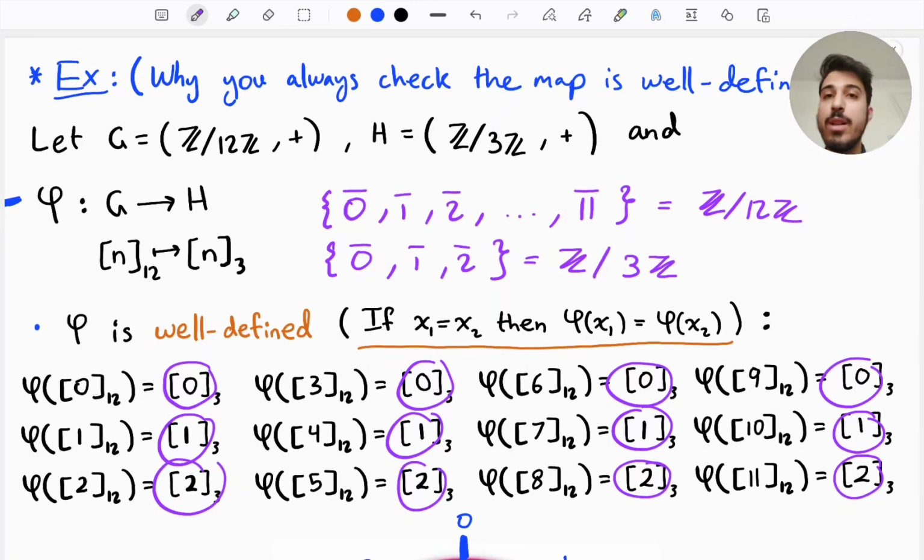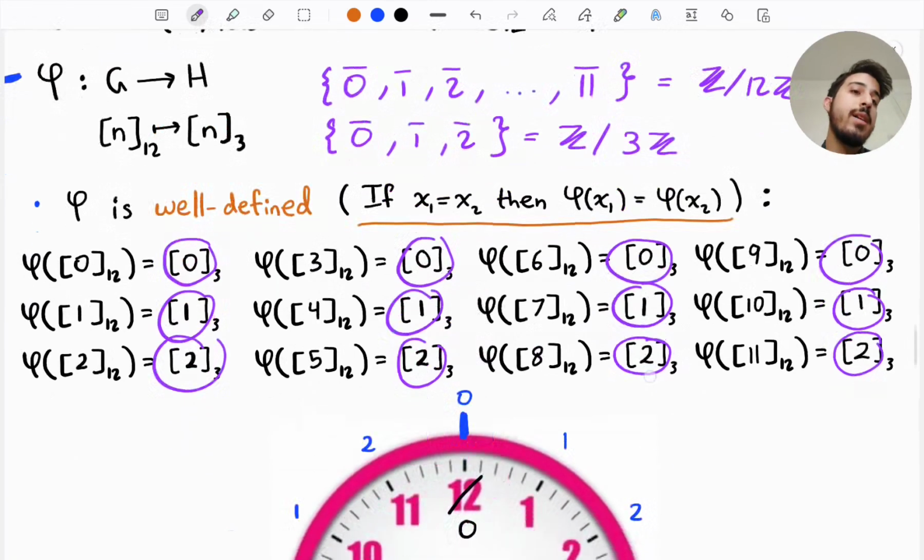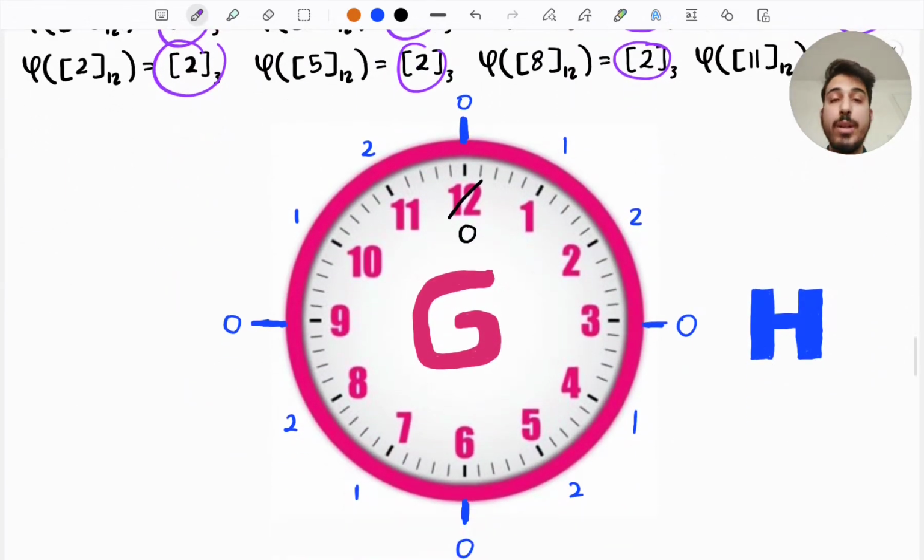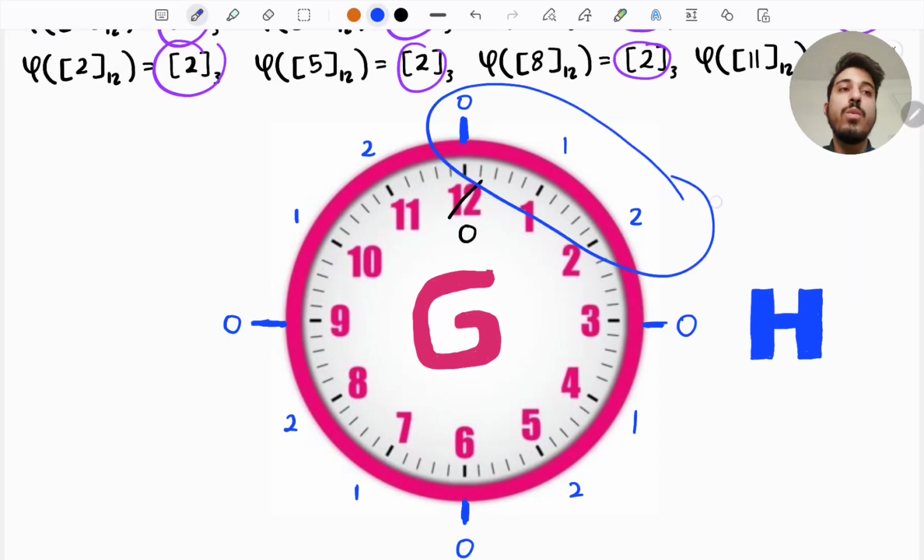Well, a very simple, logical, intuitive explanation for this is if I come back to our beloved clock. So in the clock, the interior, the pink, is our G. It's the Z/12Z. And the exterior, the one that I wrote in blue, is our H, which is Z/3Z. So our H is nothing but the elements 0, 1, and 2.